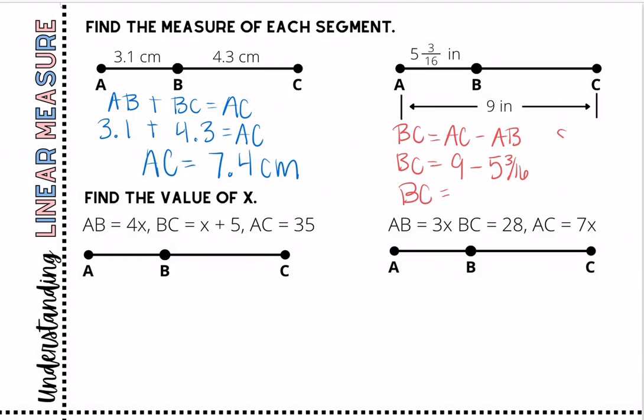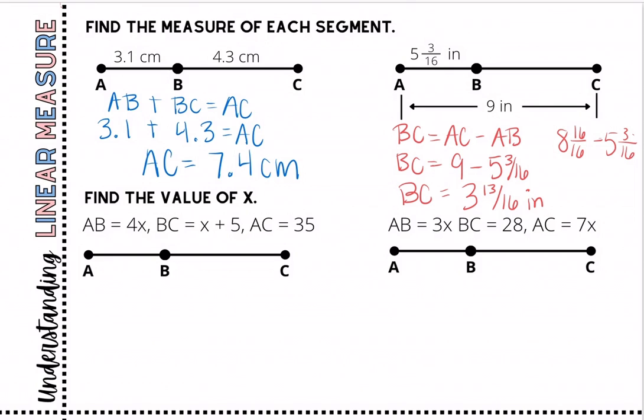So we have 8 and 16/16 minus 5 and 3/16. 8 minus 5 is 3. When we're adding and subtracting fractions, we keep the denominator. So 16 minus 3 is 13. And ta-da! BC is 3 and 13/16 inches. So that's how we do those.